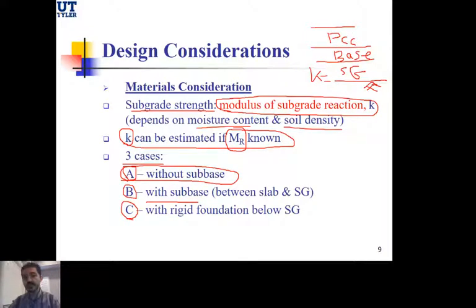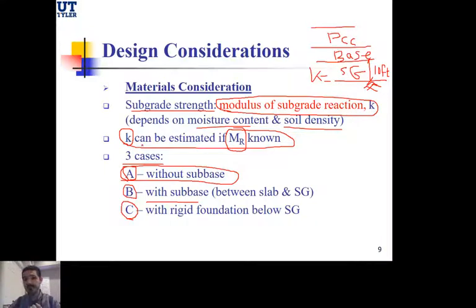The way we define a rigid foundation is if the thickness of the subgrade is less than 10 feet, meaning that we're getting close to the bedrock. If the bedrock is only 5 feet down from the base, that subgrade is really strong because it's very thin, and therefore this will have some correction factor for the K, because now the K will vary a lot.